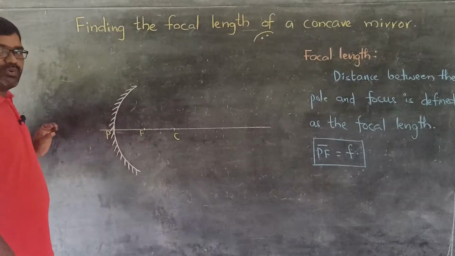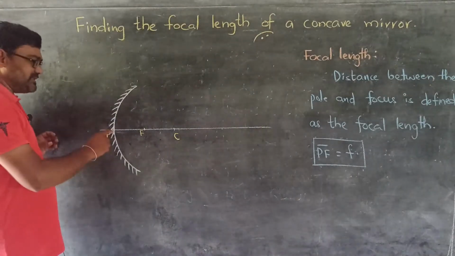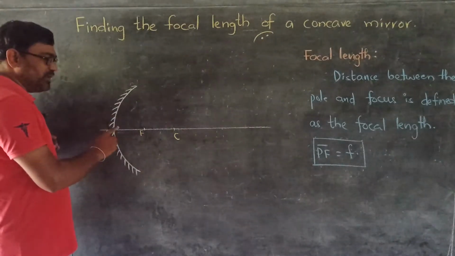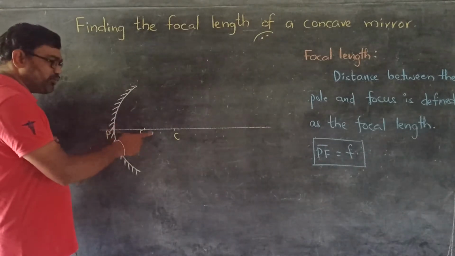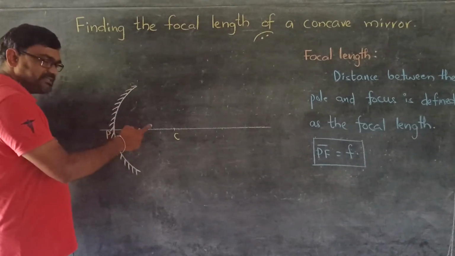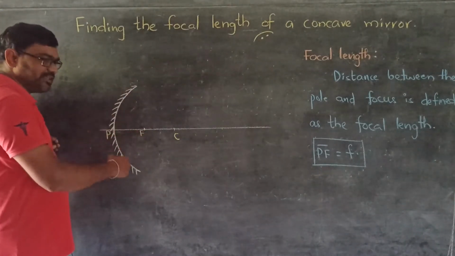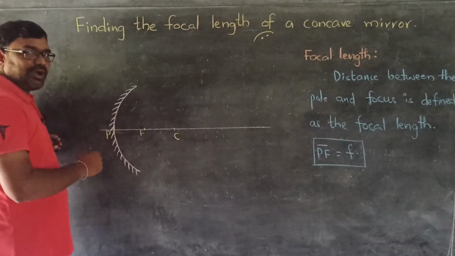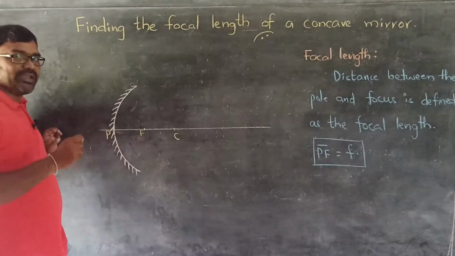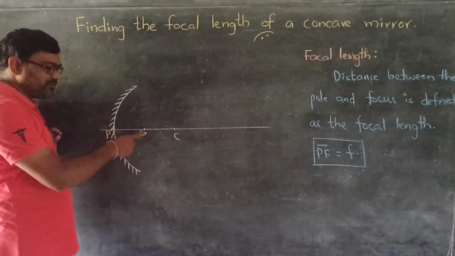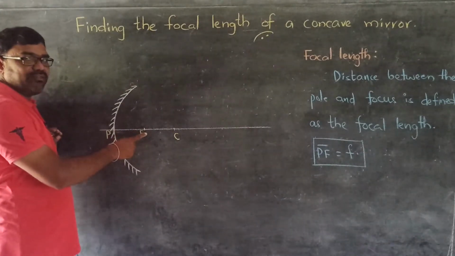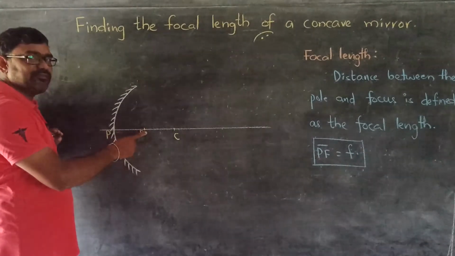In order to measure the distance between pole and focus, we need to find out where the focus is located for this concave mirror. So our intention is to identify the location of F. How can we identify the location of F?